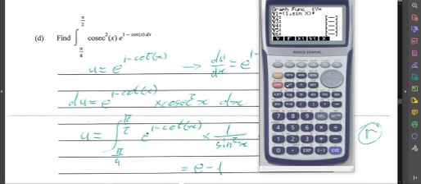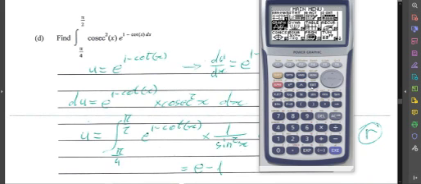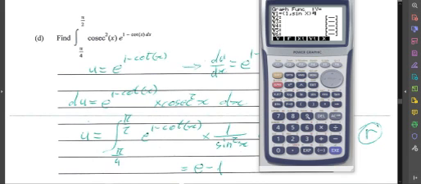That's sine squared. Okay? How do I write 1 minus cot of x? Cot of x. 1 minus cot of x. Let's write all this thing, yeah?